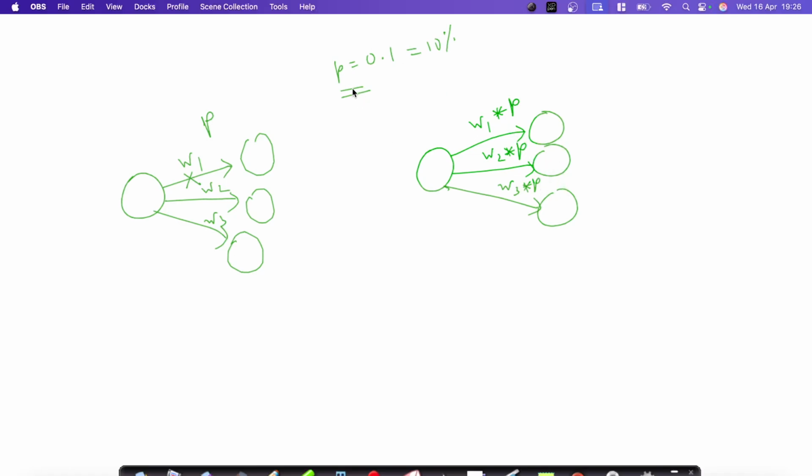And if P is very low, almost all the neurons will be present, and the model will tend to overfit. So this P is nothing but a hyperparameter. We can do hyperparameter tuning to get the best value of P.